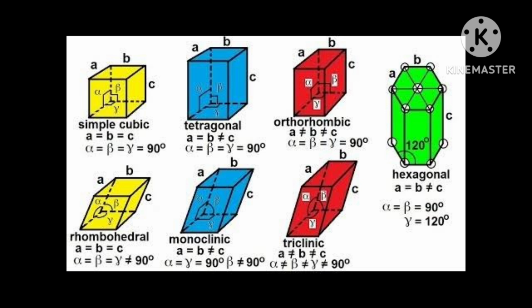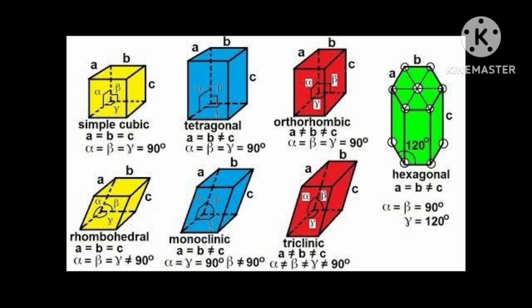Now, the second structure, tetragonal. In tetragonal, primitive will be there, meaning on all corners there will be one particle, and one more possibility is the body centered, with one particle in the center of the body.